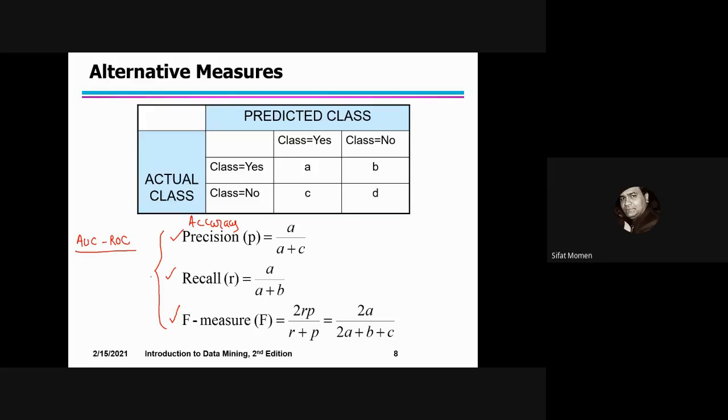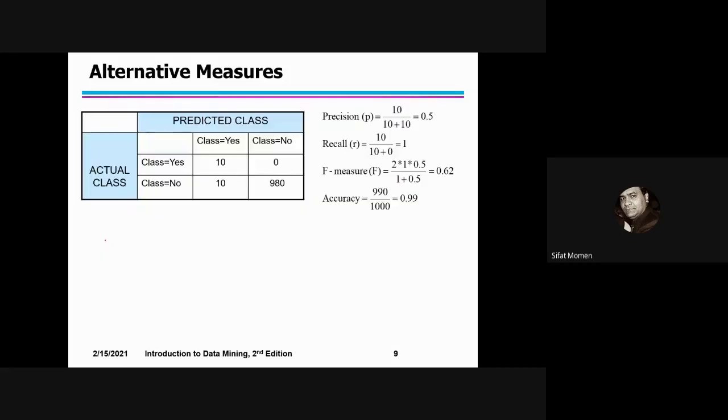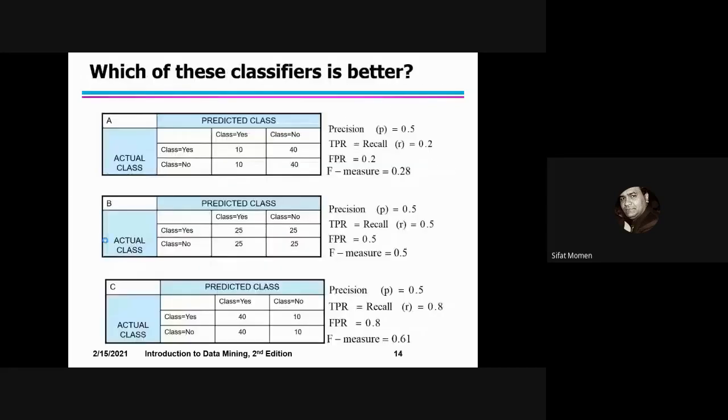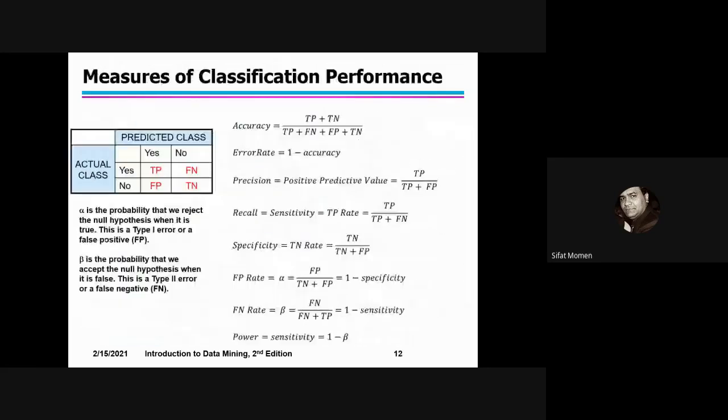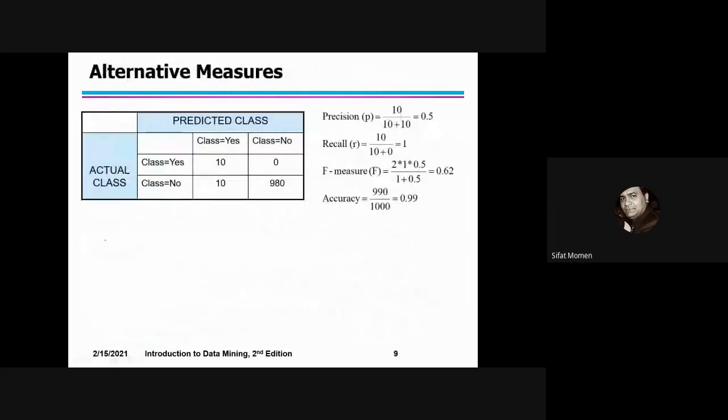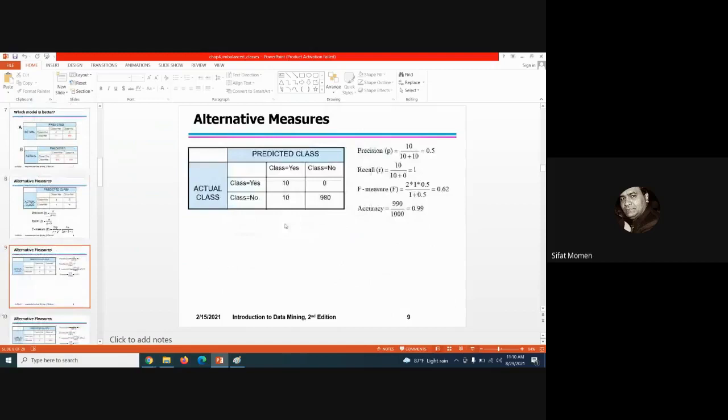These are called precision, recall, F measure, and area under the curve of a ROC curve. We'll see in the next class how you measure all these, and that gives a better meaning to these class imbalance issues. Okay?